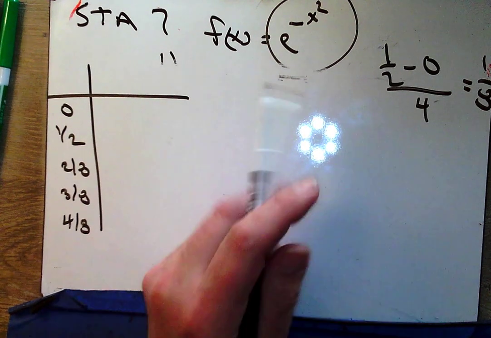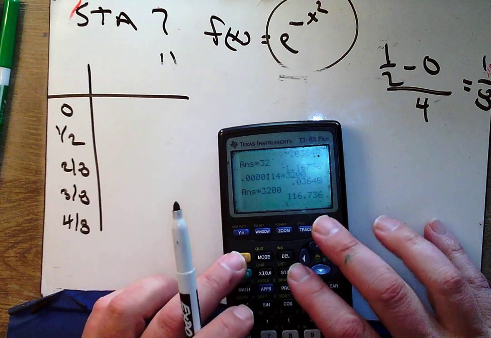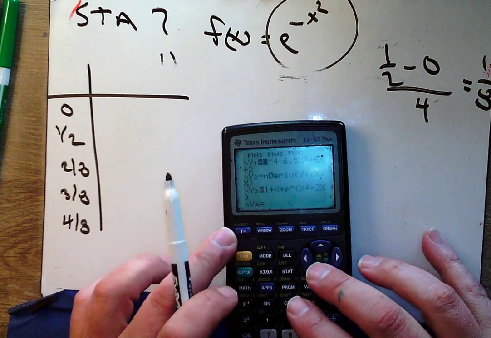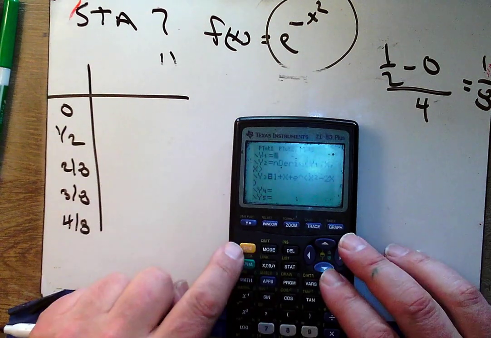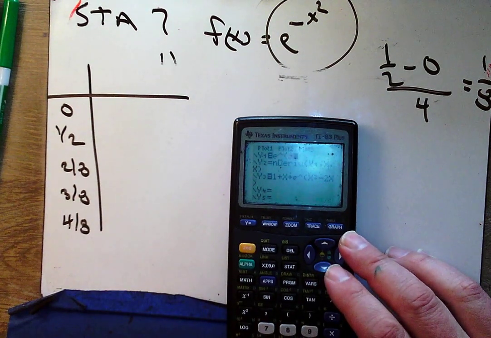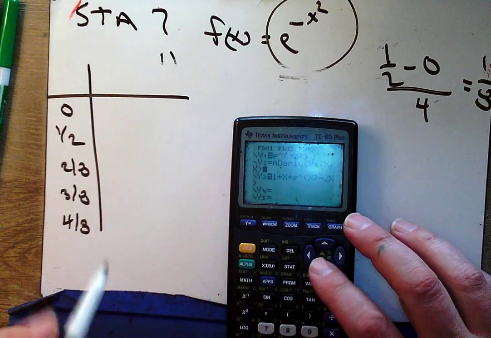And I'm going to plug these values in the calculator, taking out that function and plugging in instead e to the negative x squared.